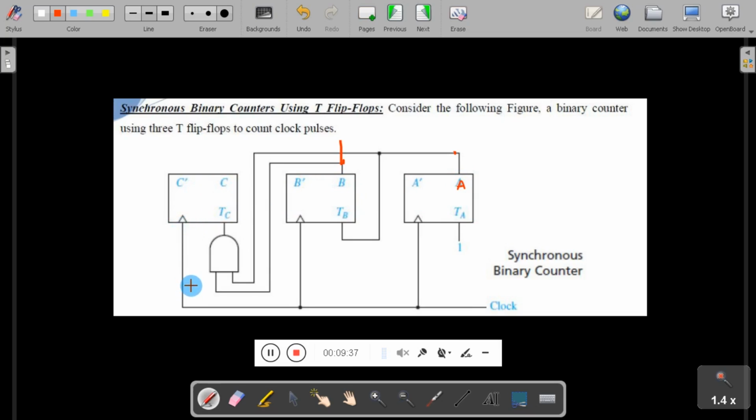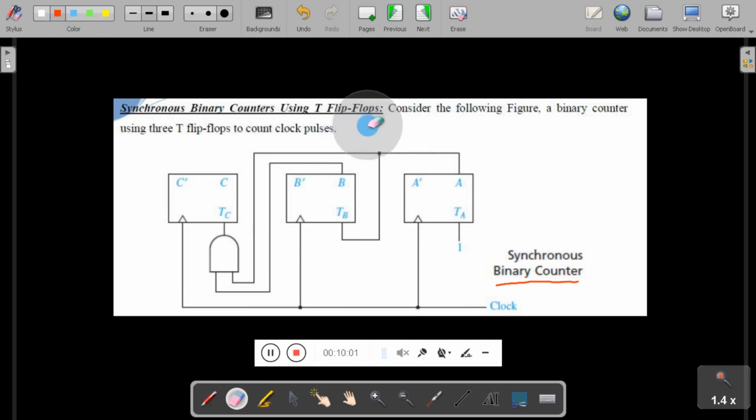So all the flip-flops are driven by single clock. Since it is a synchronous binary counter, all the flip-flops are driven by single clock. Now we will connect the other pins of the flip-flops.